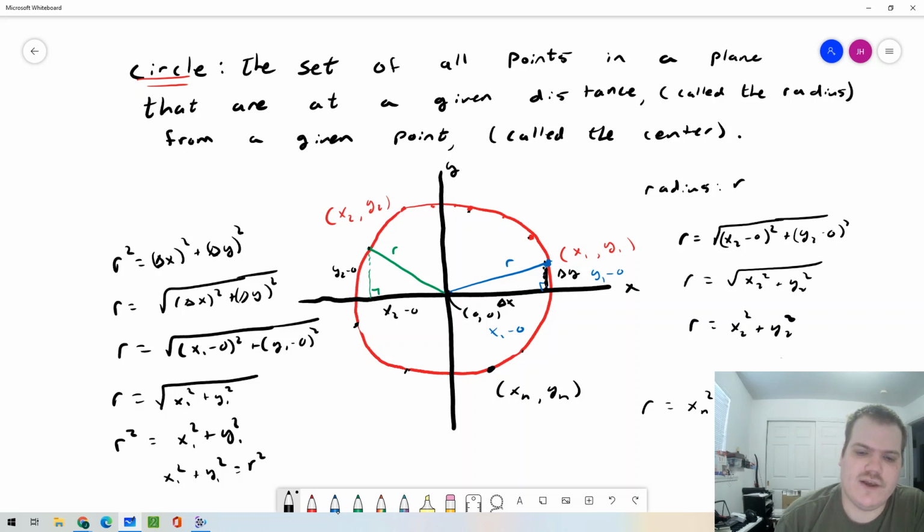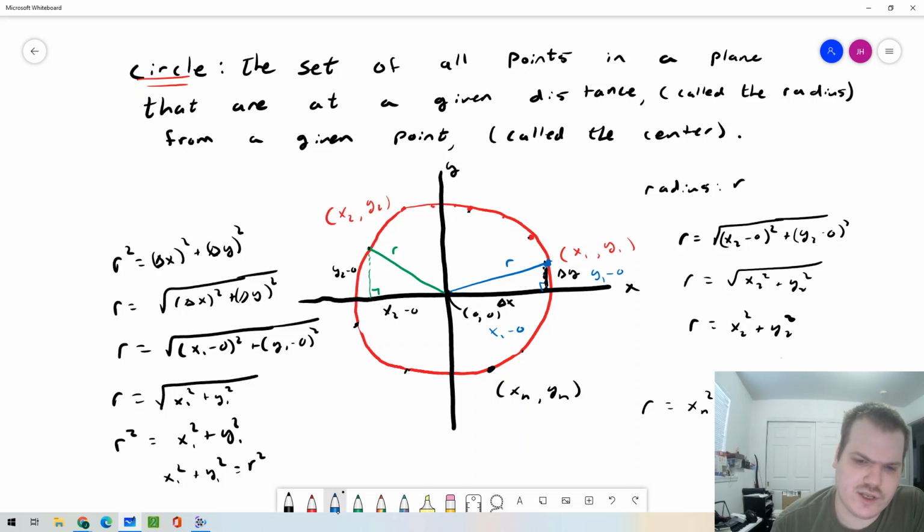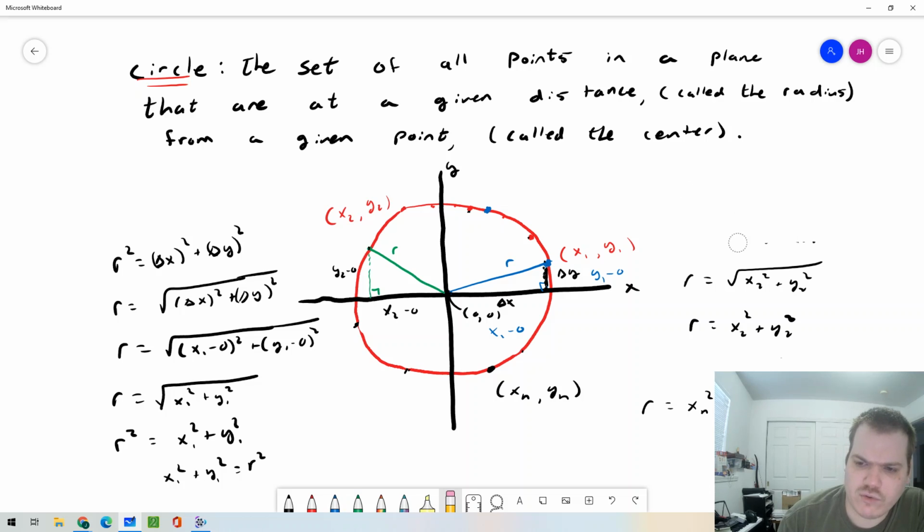If I wrote in set notation, I would write it using x, y, where x, y is any point on that given circle. It's a generic point, so I can use it for anything. And then I get my general form: x squared plus y squared is equal to r squared.